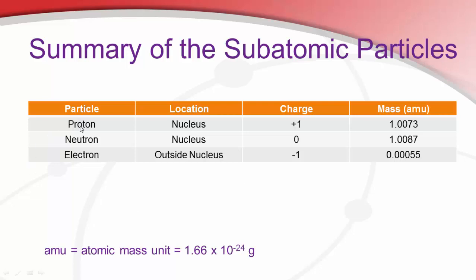We've got a heavy, positively charged proton with a mass of about 1 AMU, atomic mass unit. A neutron, heavy and dense, with a charge of 0 and a mass of almost the same amount. And then we have this negatively charged electron that is outside the nucleus with a -1 charge and a much smaller mass.